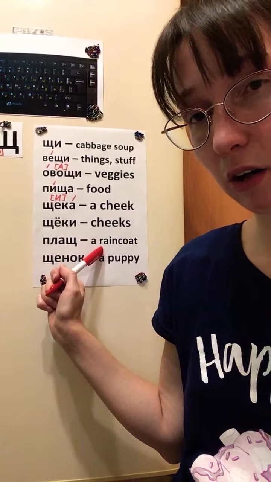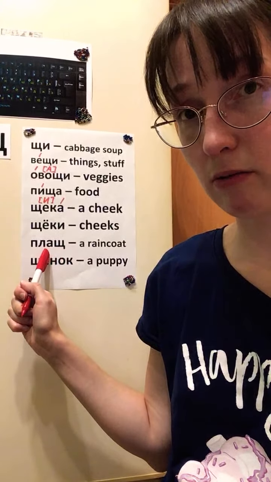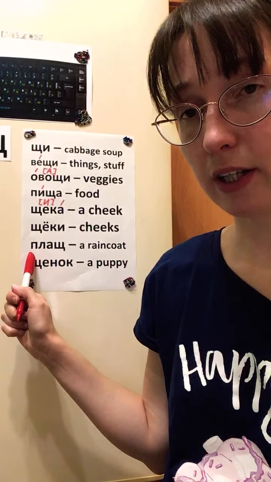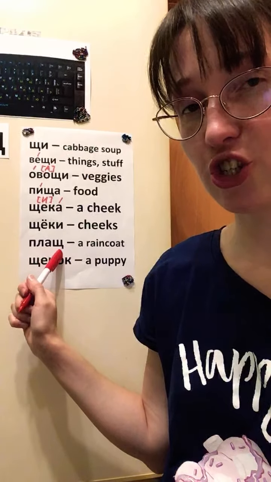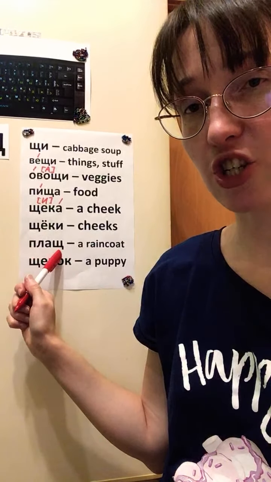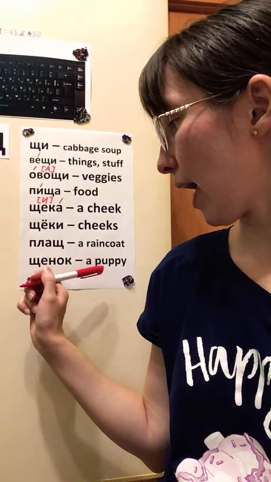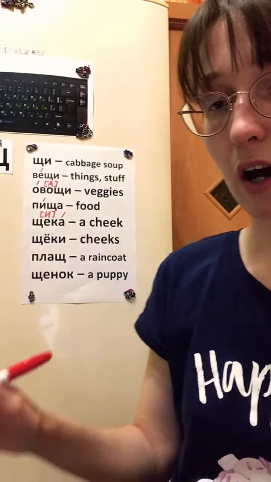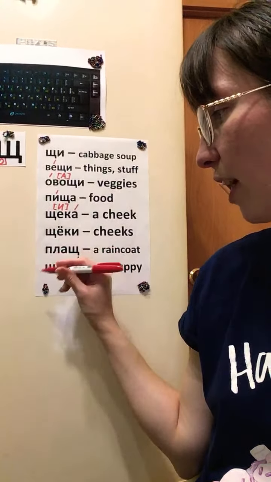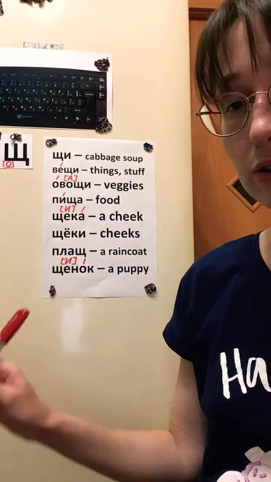A raincoat. A long word in English, but a short one in Russian. Read it. Плащ. A raincoat, плащ. And the last word, a puppy. O is stressed, unstressed here represents an E sound.